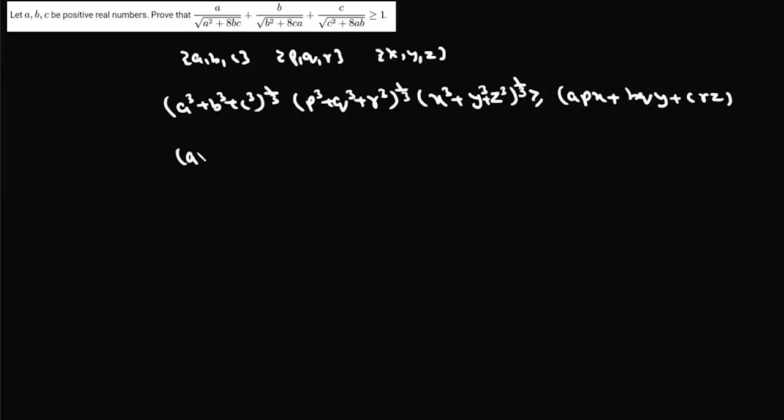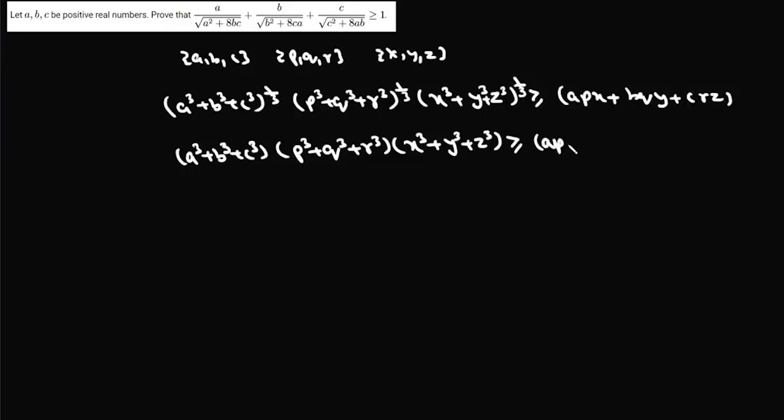Or simply we can write (a cube plus b cube plus c cube) into (p cube plus q cube plus r cube) into (x cube plus y cube plus z cube) will be greater than or equal to (apx plus bqy plus crz) whole cube. So this is an important form which is mostly used in Holder's inequality.